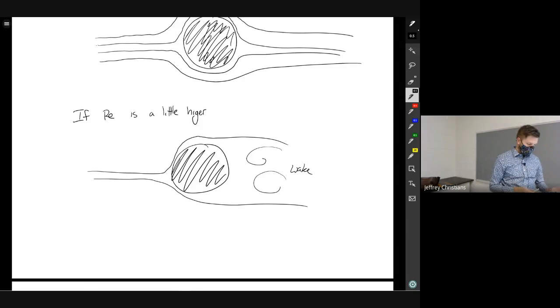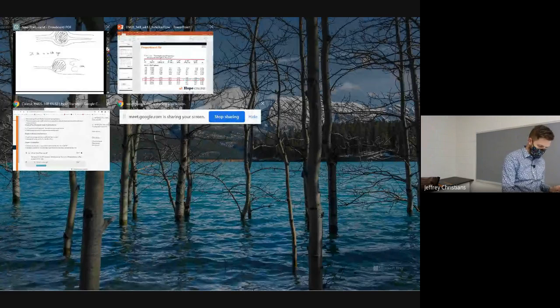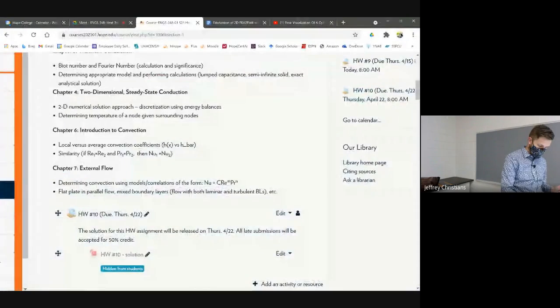So we can look a second at what this wake looks like.